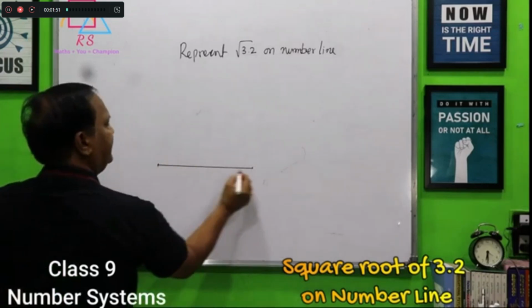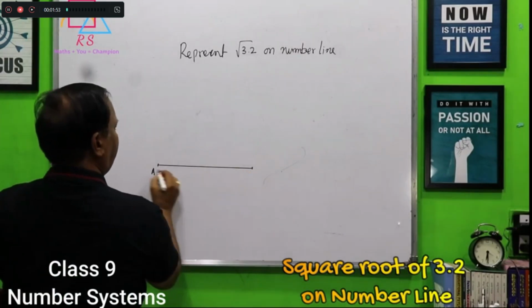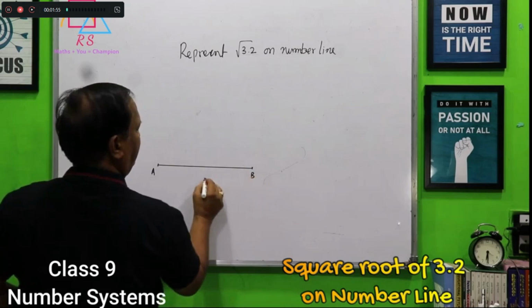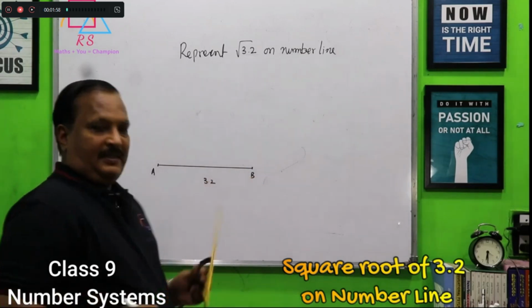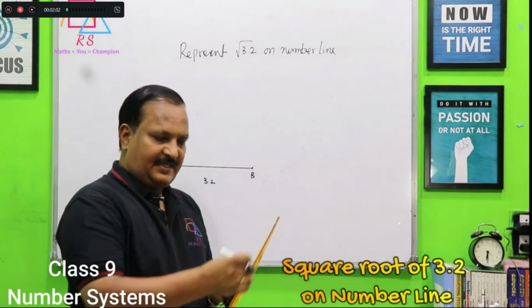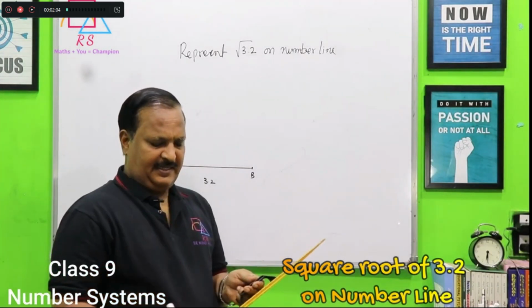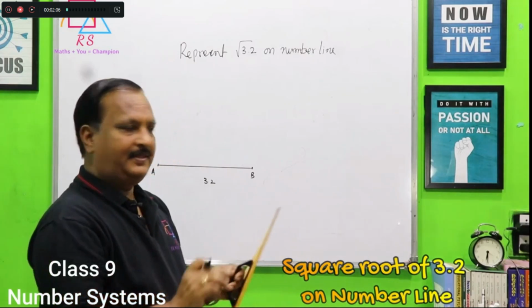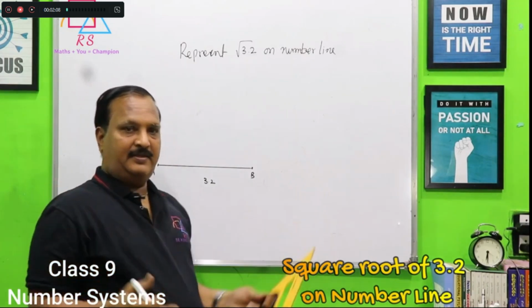So this is 3.2 units. It's not inches, it is not centimeters. It is calibrated with separate things, a separate length, only to make it bigger.